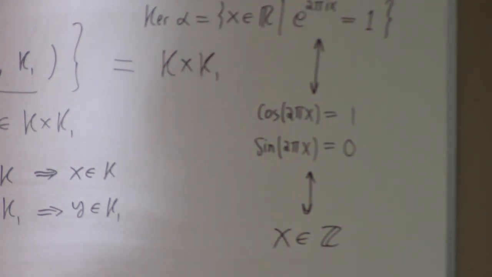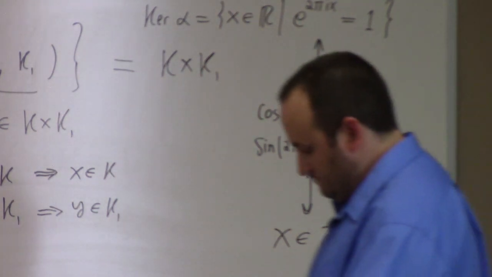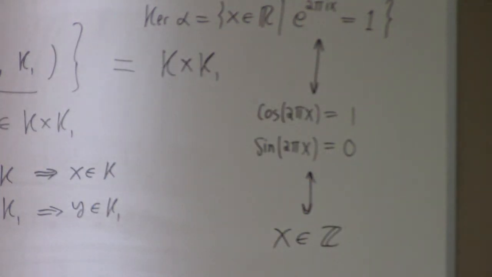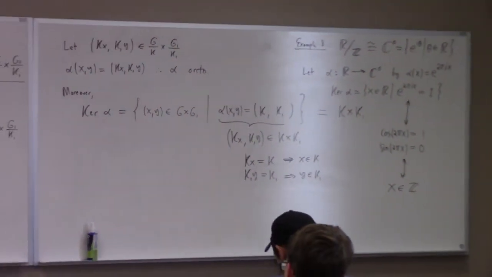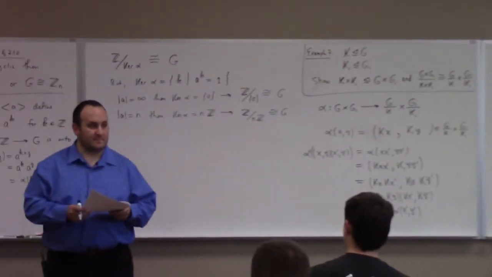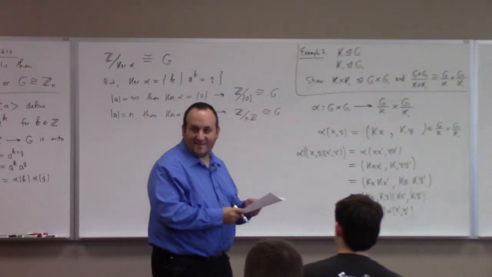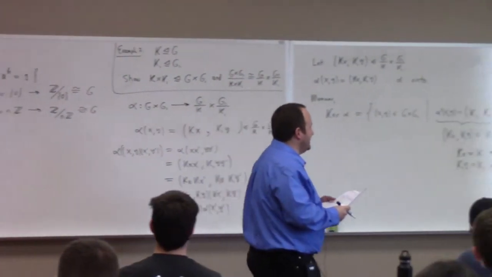Every unimodular number has the form e to the i theta for some theta. You can pick x to be what? If I want to map to i theta, what do I pick x? What's that? 1.